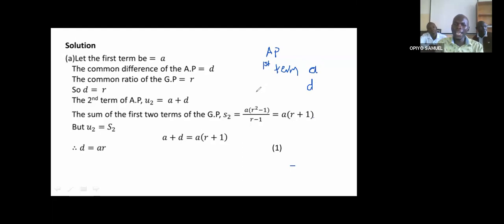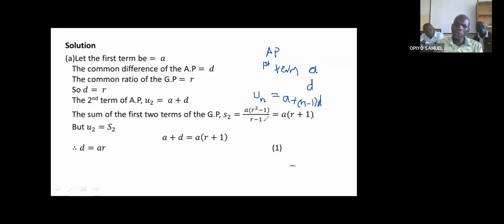Then you should know the nth term. Let's denote it by Un, which is given by a plus (n minus 1) times the common difference, which is d. That is the nth term.